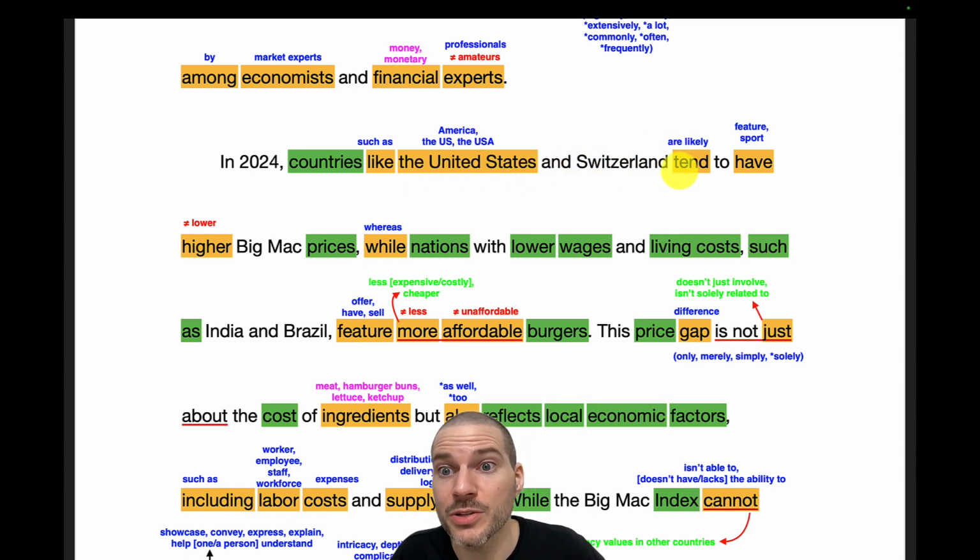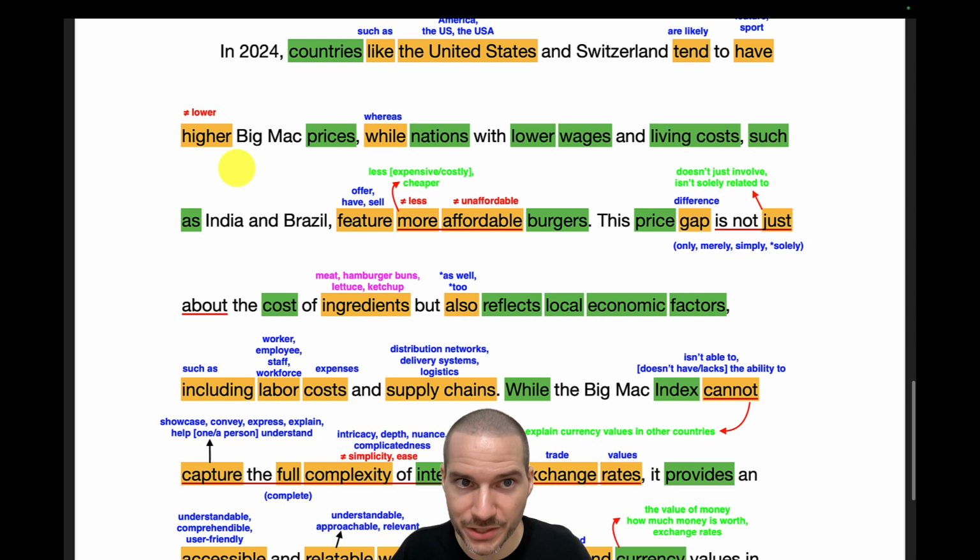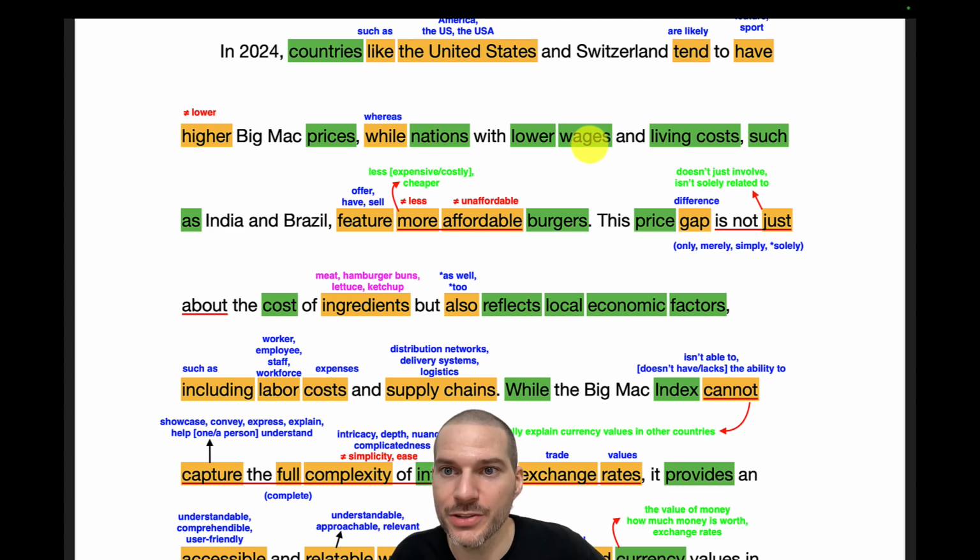The United States and Switzerland are likely to have, feature, or sport higher, the antonym is lower, Big Mac prices or costs, while or whereas nations or countries with lower wages and living costs such as, see, such as, we already had it here, like India and Brazil feature, offer, have, or sell more, the antonym is less, affordable.